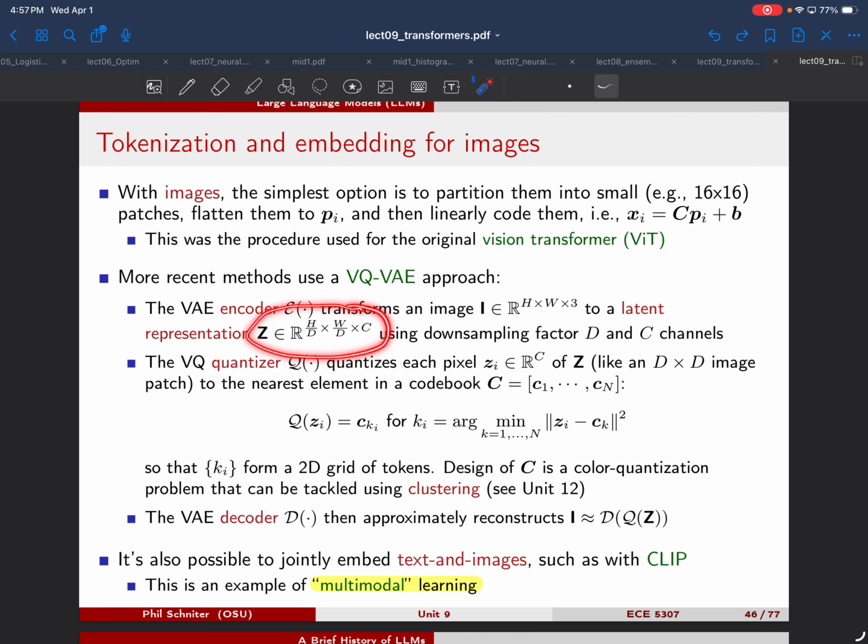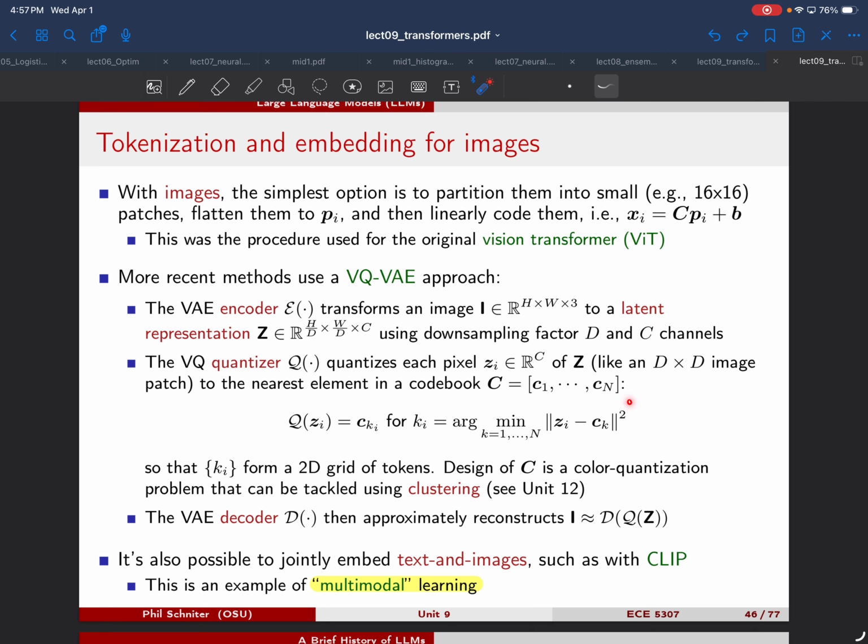You can think of this as having h over d times w over d pixels, but instead of 3 colors you now have C colors. For each one of these pixels, which is a C-dimensional vector, we can learn a codebook with n different possibilities. So this is a way of quantizing that C-dimensional space as n different vectors that can be learned.